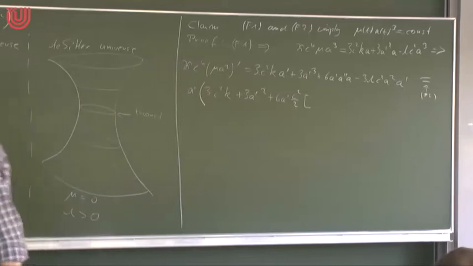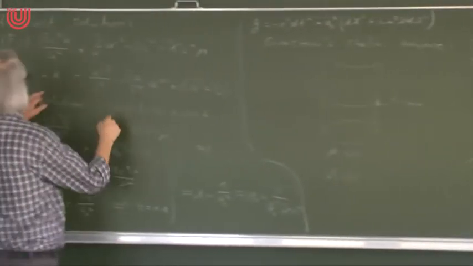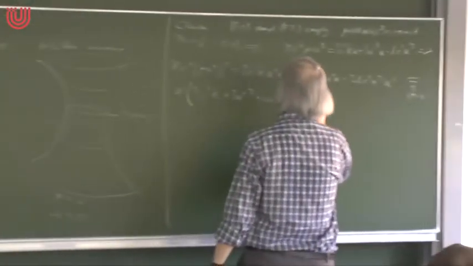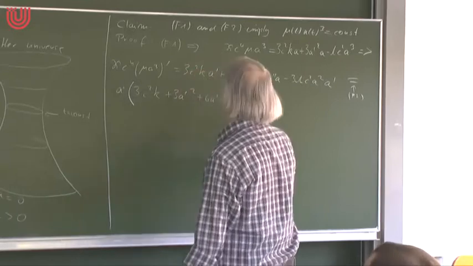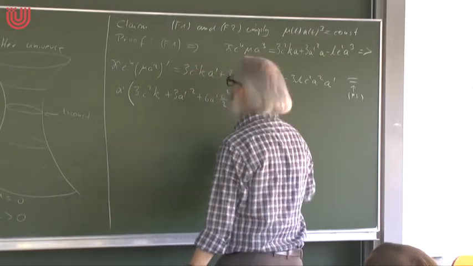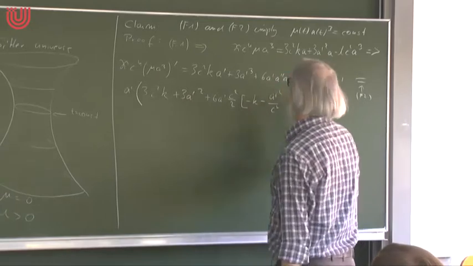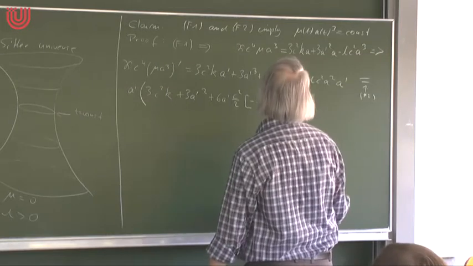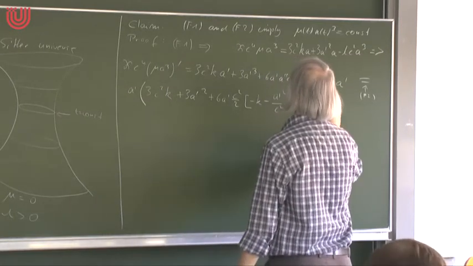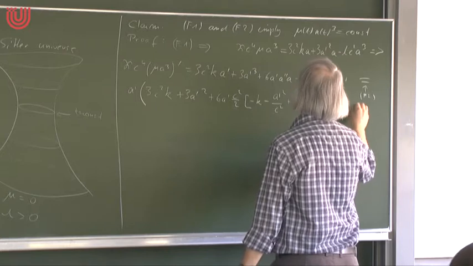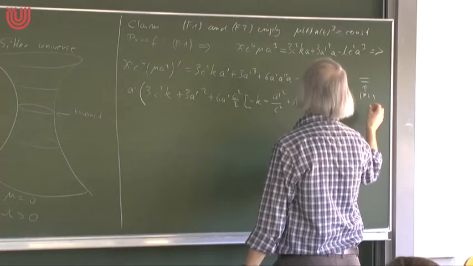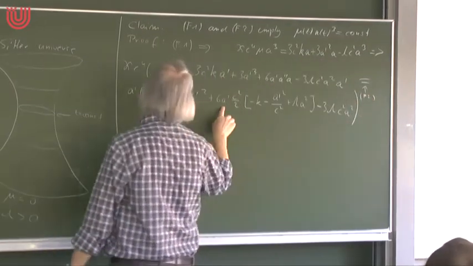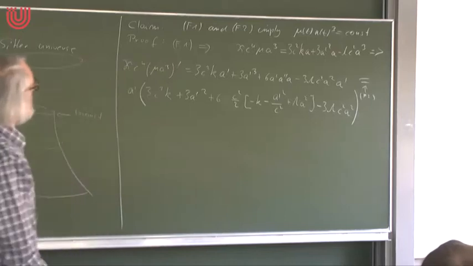And this something is, so I take this to the other side, minus k minus a prime squared over c squared plus lambda a squared. And then I have the last term, minus 3 lambda c squared, and I have taken the a prime out of the bracket.